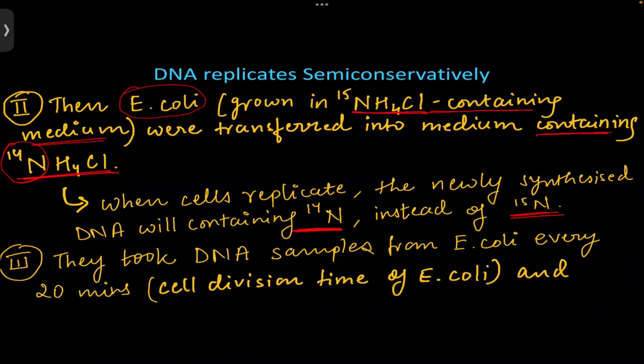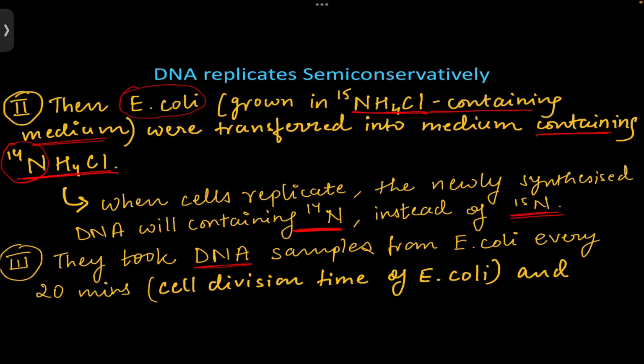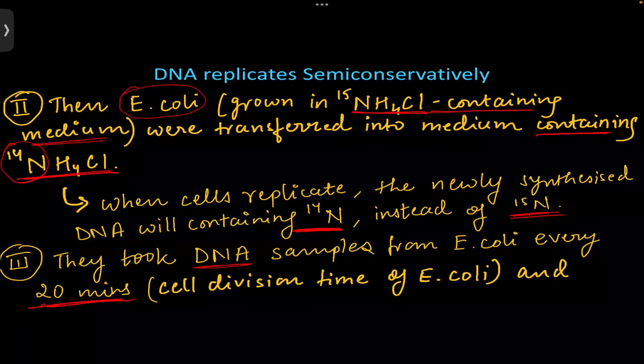So they extracted the DNA from these E. coli cells. What was known to them before starting their work is that E. coli takes only 20 minutes to divide. So every 20 minutes, a new generation of E. coli cells will be formed.